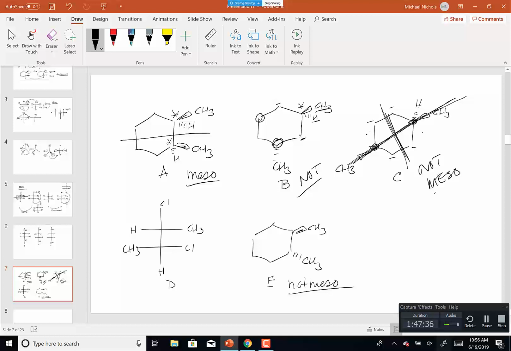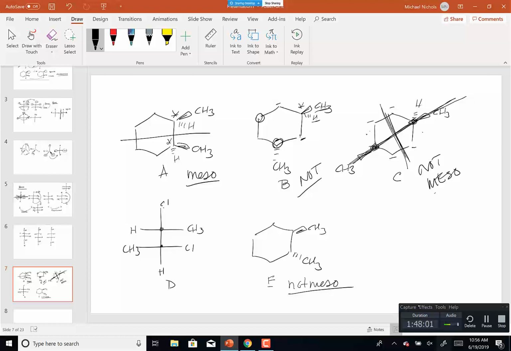So now if I give you two Fischer projections and I say, are they same, enantiomers, diastereomers, or meso? The first thing you have to do is to check the two carbons and make sure that they either do or don't have the same three groups attached. So the top carbon's got an H, a Cl, and a methyl.